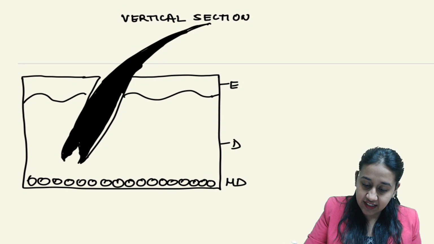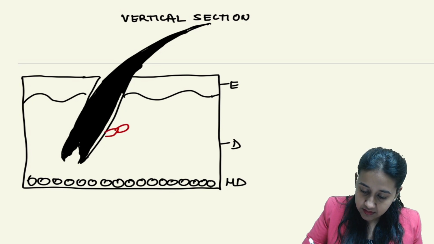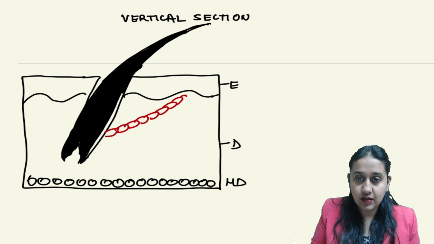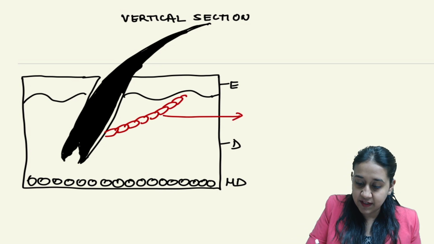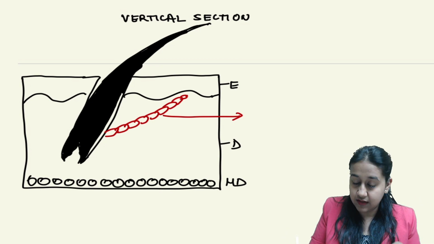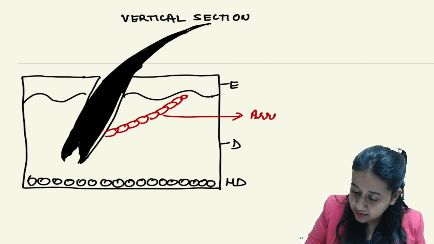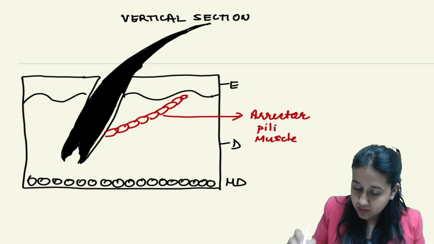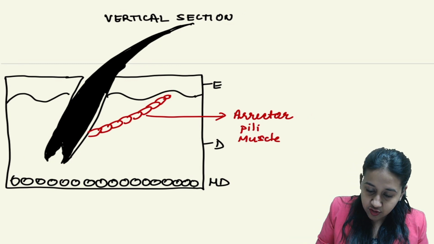Now there is a very specialized structure which is present like this. And what is this? This is known as the erector pili muscle. This muscle divides the hair into two parts.